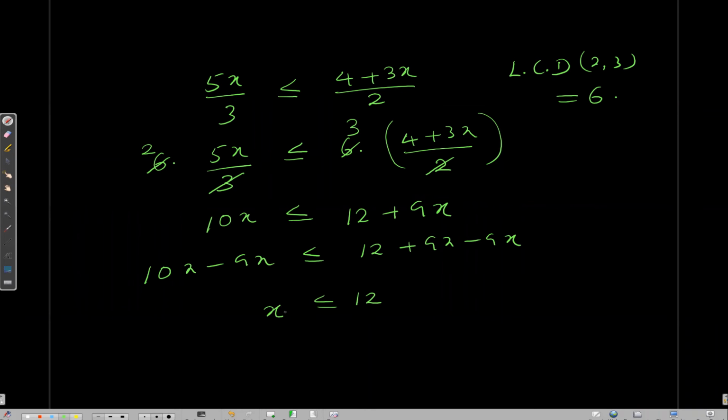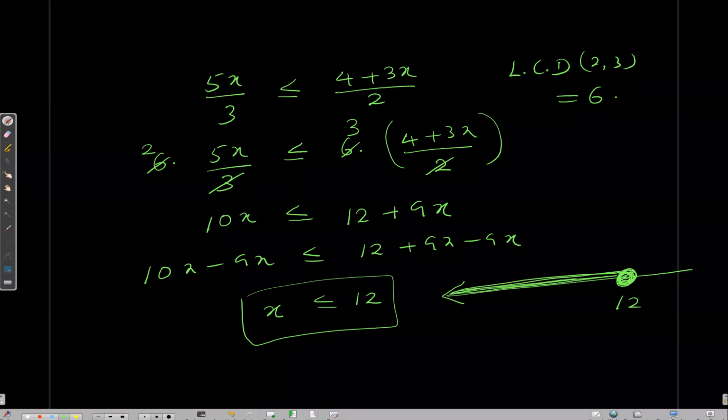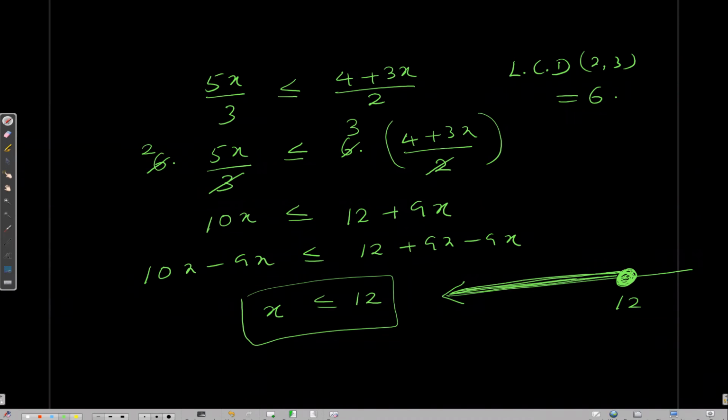So I get this. And yes, that's the solution. So x is less than or equal to 12. If my 12 is somewhere here, it can be 12 because we have the equal sign, everything to the left. Using interval notation, 12 is the largest number that x can be, so I put it on the right. Anything to the left, for example negative 100 or negative 200, can be in my solution set.